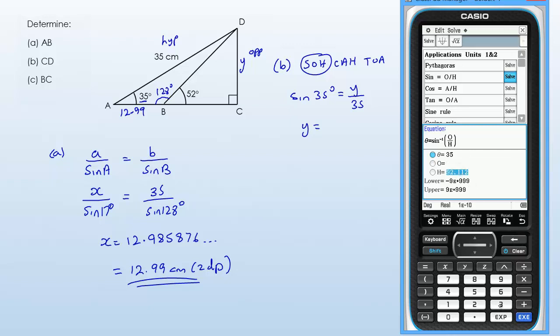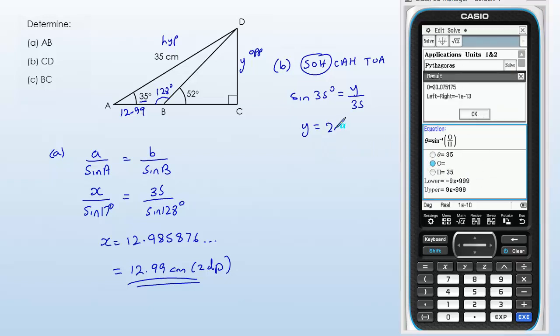And my hypotenuse was 35. Trying to find the opposite. Solve. So it's 20.075175, and I'll say that that's equal to 20.08 centimeters to 2 decimal places.